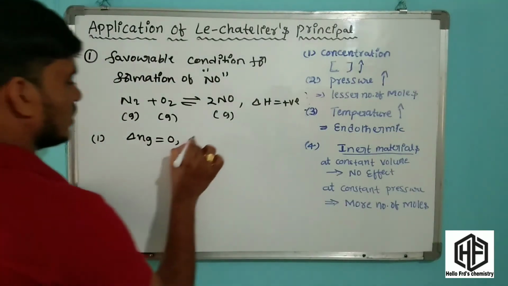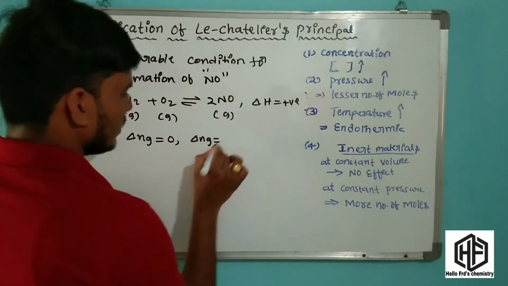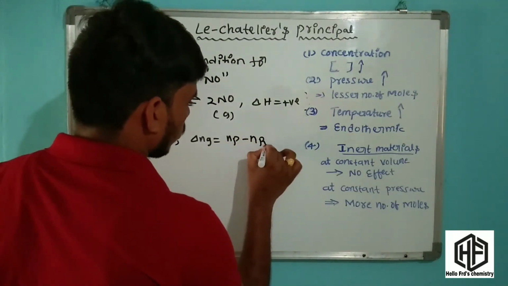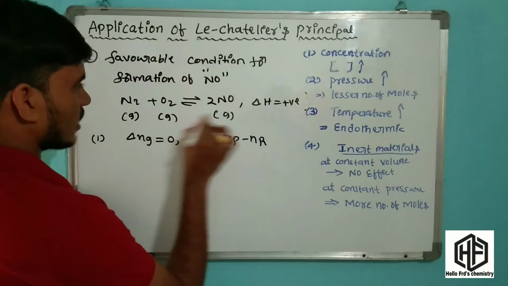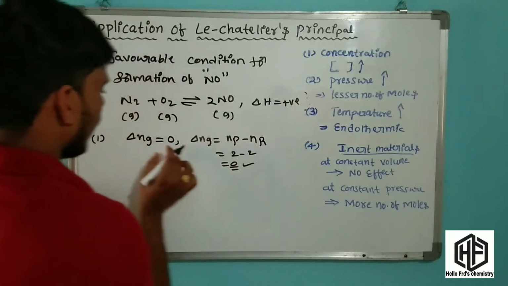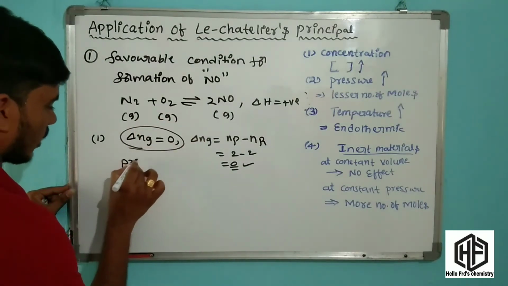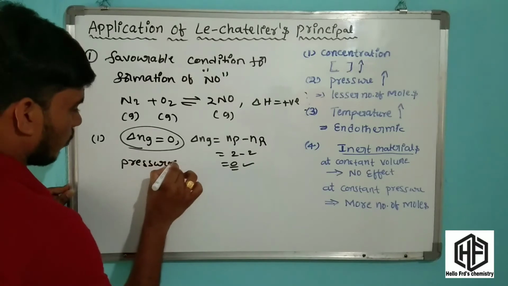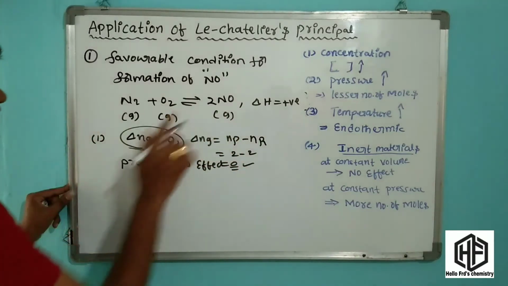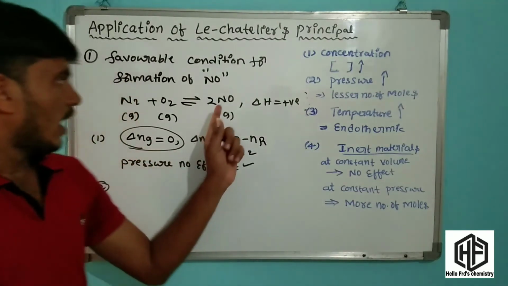Delta Ng is the gaseous molecules of products minus gaseous molecules of reactants. Here the products are 2 moles of gases, so delta Ng is 0. Friends, in this reaction, pressure has no effect.